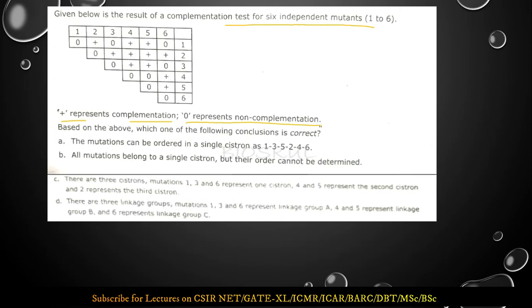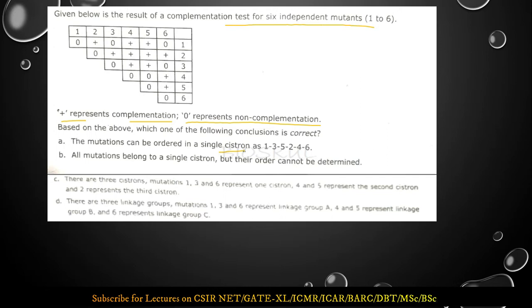Here it is asking about the order of the cistron, or we can say that a cistron is a coding sequence or a complementation unit. So let's find out the complementation groups for 1, similarly 2, 3, 4, 5 and 6.